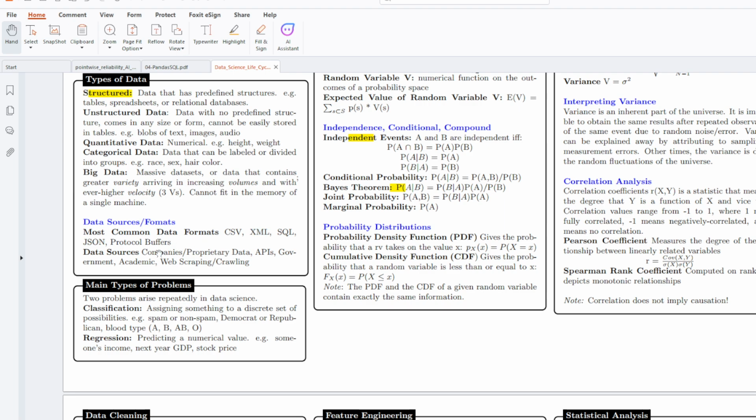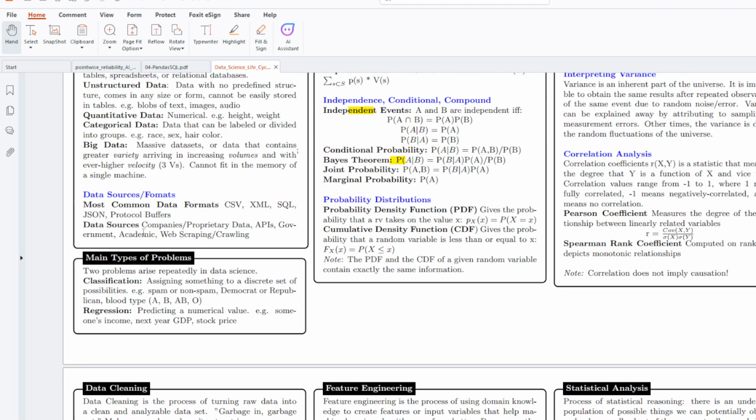Then we have different data sources or formats where this data exists. There are tabular files, which you could find in CSV format, XLS format, etc. Then the semi-structured, like I said, you could find in the form of XML files. Then there is also SQL. SQL is a programming language on its own. It is not just a programming language, it's the language of databases.